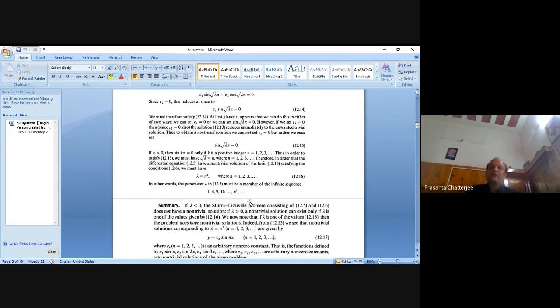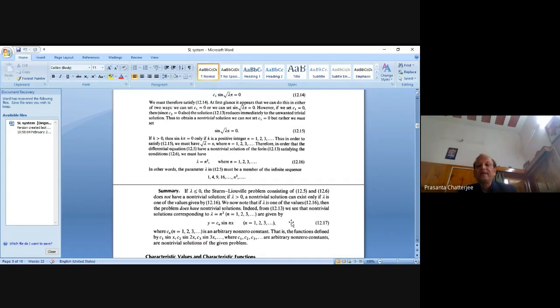And the solution will be in the form of y equal to cn sin nx, and cn is an arbitrary non-zero constant. So the functions defined by c1 sin x, c2 sin 2x, c3 sin 3x, and so on, cn sin nx are non-trivial solutions of the given problem.